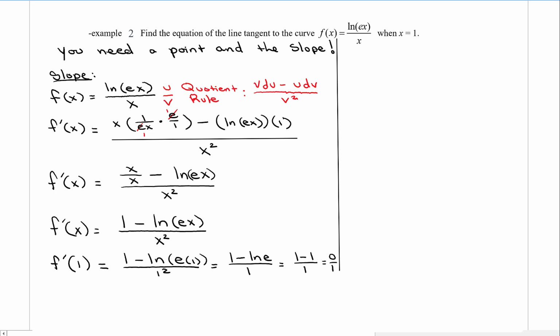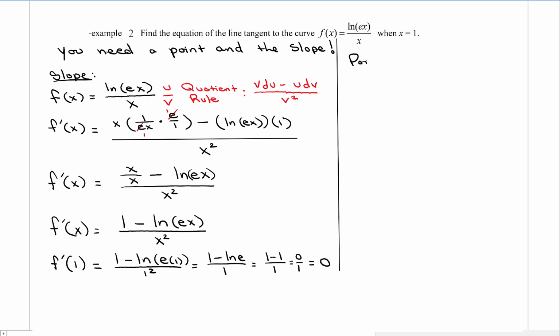I'm going to lasso that whole line of work that I just did there, and I'm just going to shrink it horizontally so it fits on the left-hand side of my line that I drew here to separate my work. On the right-hand side, I'm going to write point, because now I'm going to find the point where x is equal to 1. So I'm going to find f of x equals, well, I'm going to write my equation first down. F of x equals natural log of ex over x.